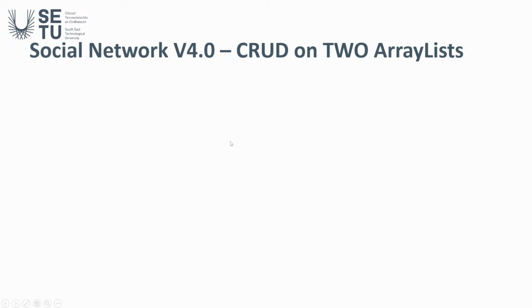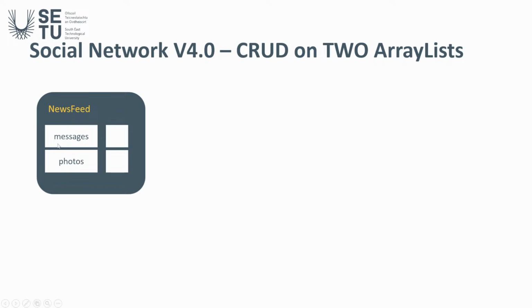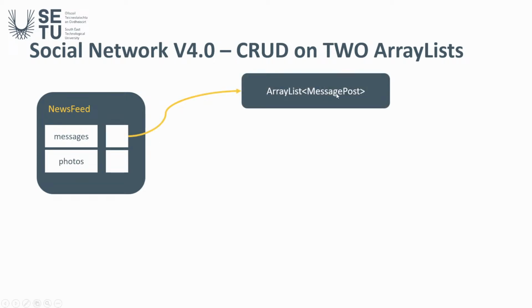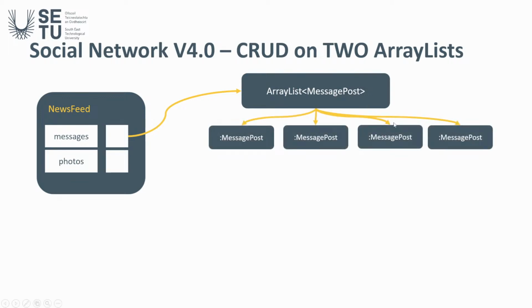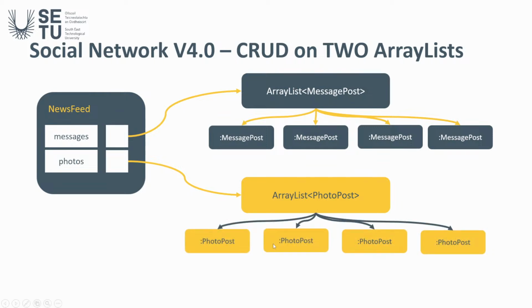But here's where it starts to get really difficult to manage. Before, in our newsfeed we had an array list of messages, but now we also need an array list of photos. We haven't introduced inheritance, so we have to have an array list of message post, where each element is a message post, and an array list of photo post, where each element is a photo post object.